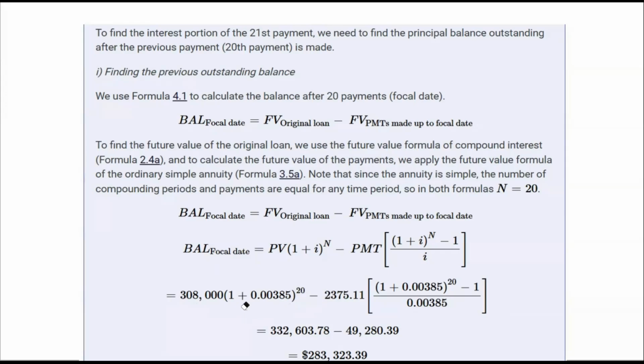You borrow this at this interest rate for 20 periods of time. This is what you owe, minus the 20 payments that you made to them. When you subtract the two, this is what you end up owing them.